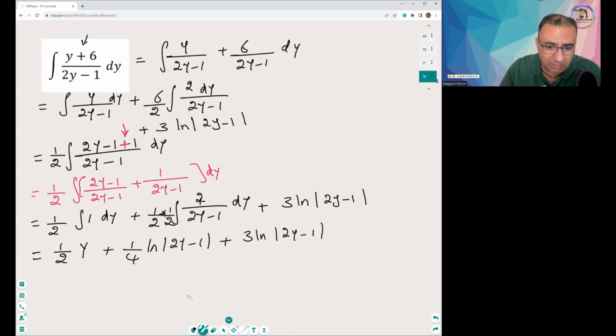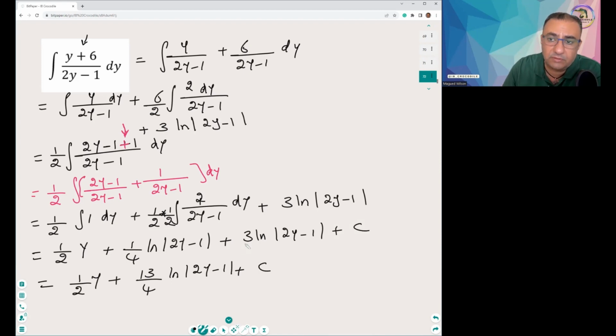Now we have two similar terms, 3 plus 1/4. So 3 times 4 is 12, plus 1, 13. So basically 13 over 4. The final answer is 1/2 y plus 13/4 ln of the absolute value of 2y - 1. And of course, don't forget to add the constant of integration because this is an indefinite integral.